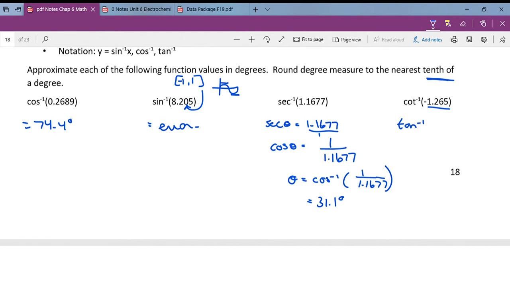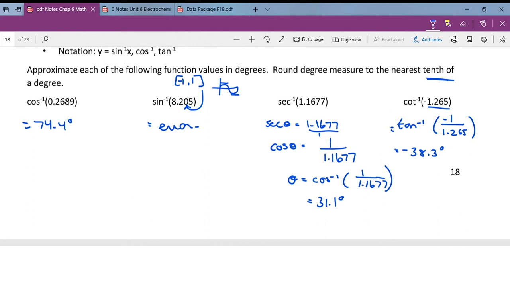I'm going to type it in as the inverse tan of negative 1 divided by 1.265. And if I type that in, I get inverse tan bracket negative 1 divided by 1.265, and I get negative 38.3 degrees.